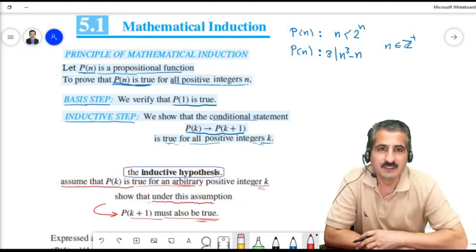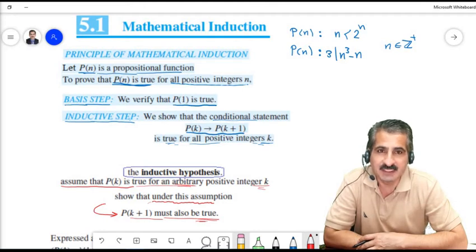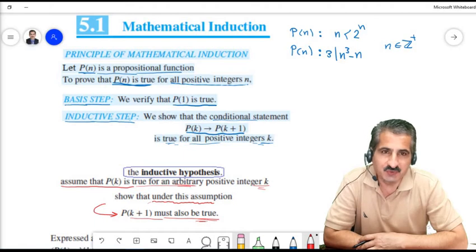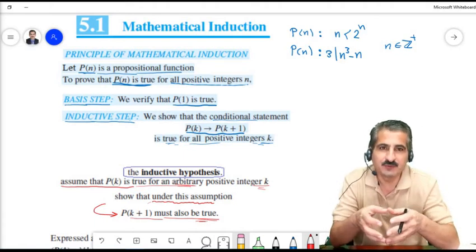Pay attention here. We are not assuming the statement P is true at an arbitrary integer k. We are not saying it is true. What we are saying here is: assume P(k) is true, then under that assumption we will prove P(k+1) is true.